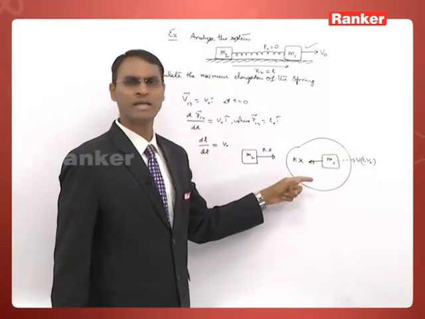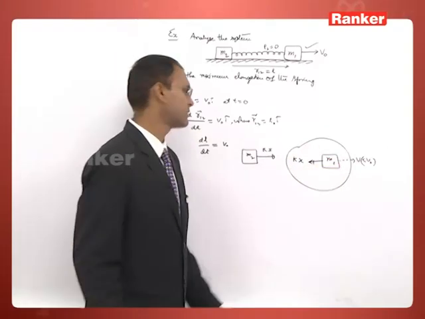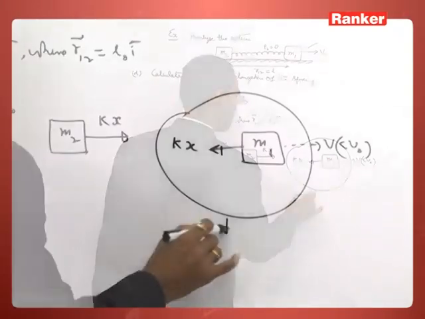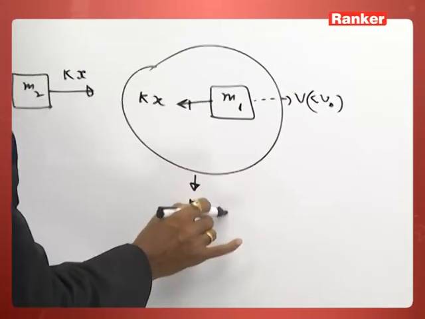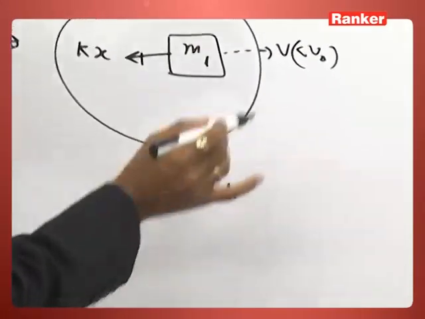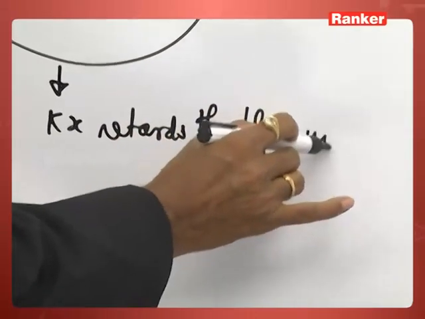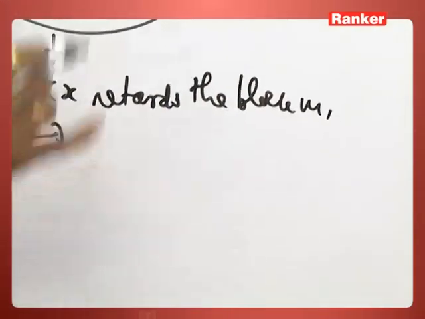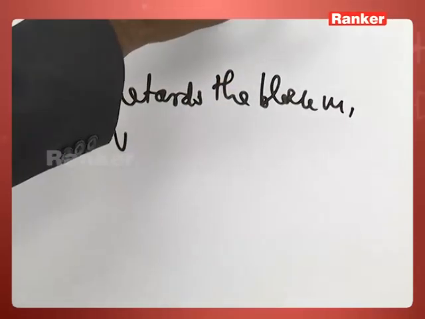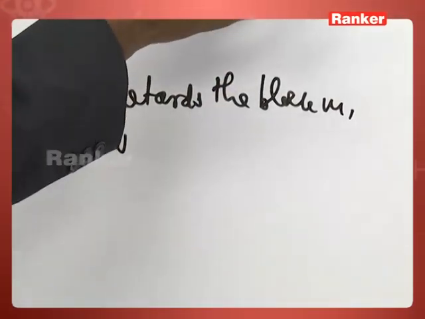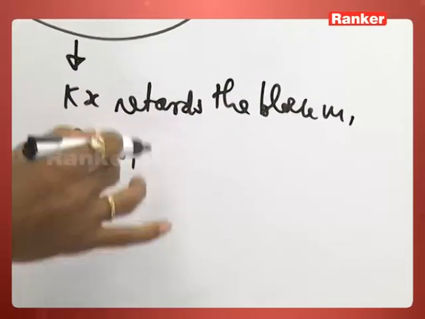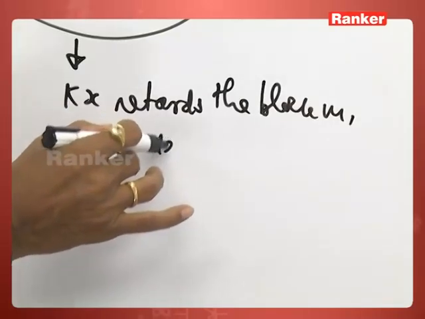So the force Kx decelerates or retards the block M1. In consequence, velocity of the block 1, that is V1, decreases.